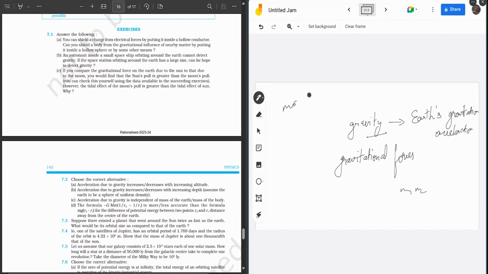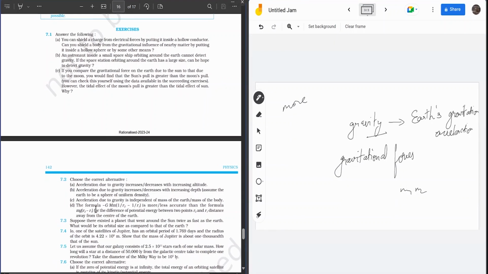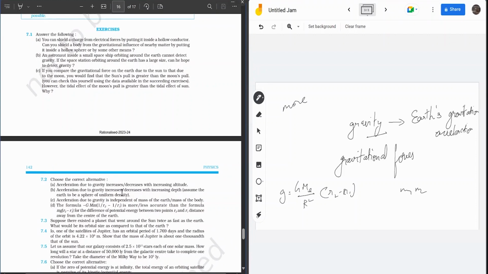Okay, ఎందుకంటే the formula is more accurate. ఎందుకంటే మీకు ఇక్కడ వచ్చేస్తే అవుతుంది g is equal to G M e divided by r square. Okay, దీనికి మీరు r2 minus r1 పెడతారు. However, ఇక్కడ మీరేమో డైరెక్ట్ గా 1 by r2 minus 1 by r1 పెట్టారు. So this will be more accurate. Okay.